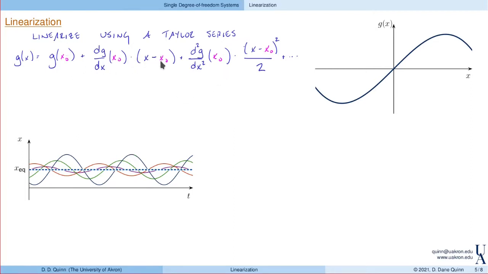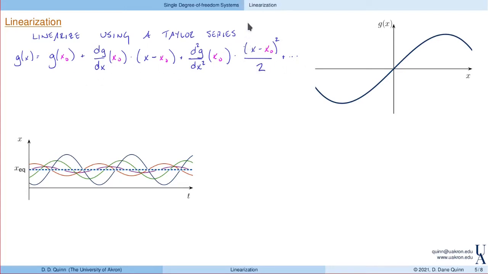So if x is close to x0, so the response of this system doesn't stray too far from this point, then x minus x0 is small, right? But that also implies that x minus x0 squared is really small. Imagine this was 0.1, just to pick a number. Then this would be 0.01. And the next term, well, that would be 0.001, and so forth.